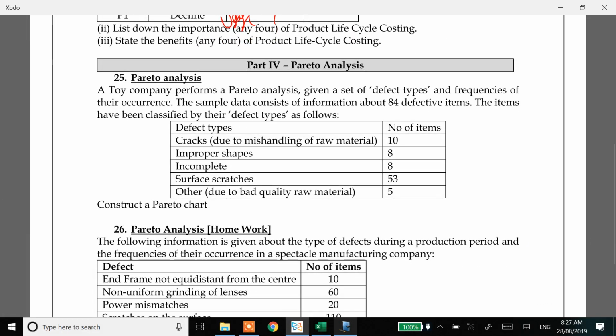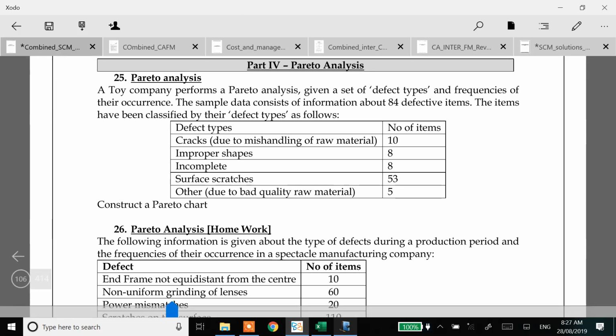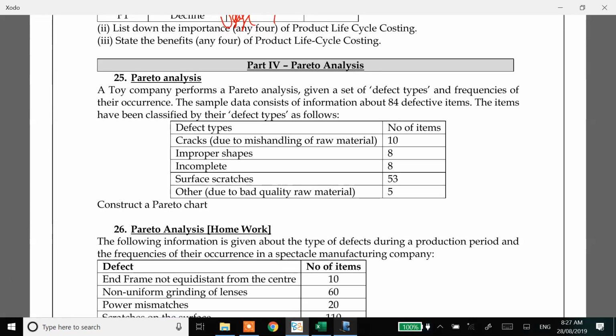Let's come to question 25. A toy company performs a Pareto analysis, page 106. Given a set of defect types and frequencies of their occurrence, sample data consists of information about 84 defective items. The items have been classified by defect types; construct a Pareto chart.